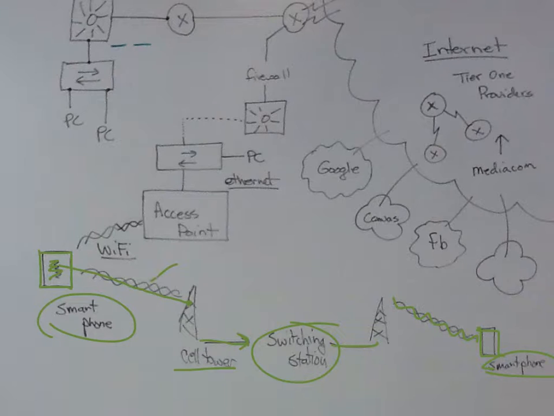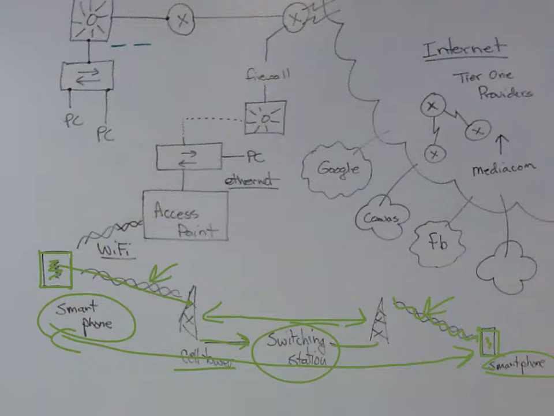The signal through the air might be transmitted differently than through wiring and fiber connections between the towers, and then back to that same format so this phone can receive the signal. And then the two devices can communicate because of the protocols in between.